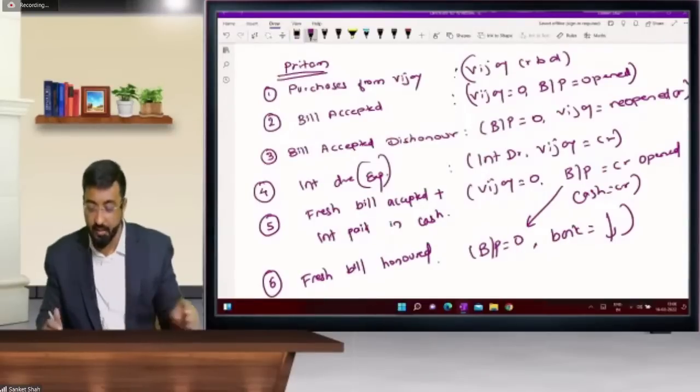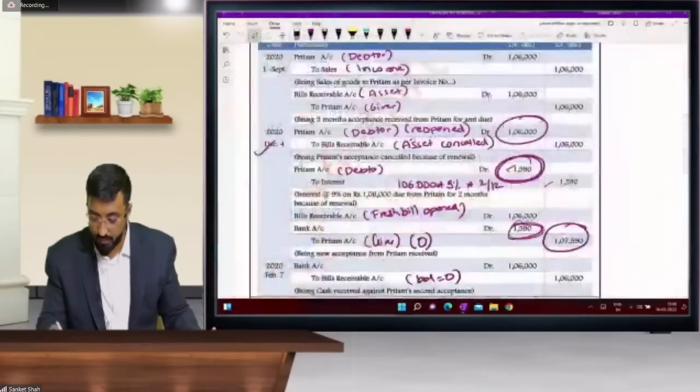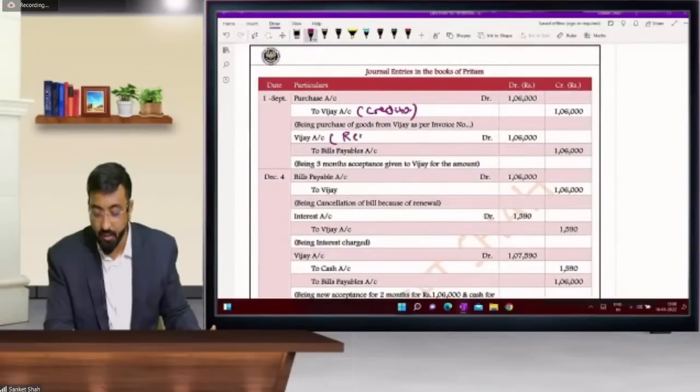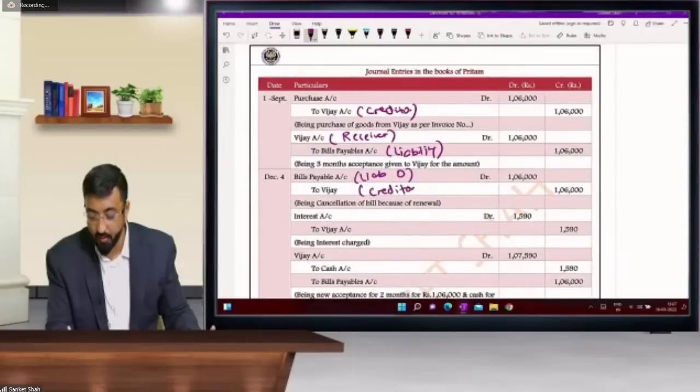So see the entries. Answer part. Purchases to Vijay. Vijay is our creditor. Creditor becomes receiver, and bills payable is your liability. Bills payable cancel, so liability is 0. And Vijay is again creditor. Interest is our expenditure to Vijay.